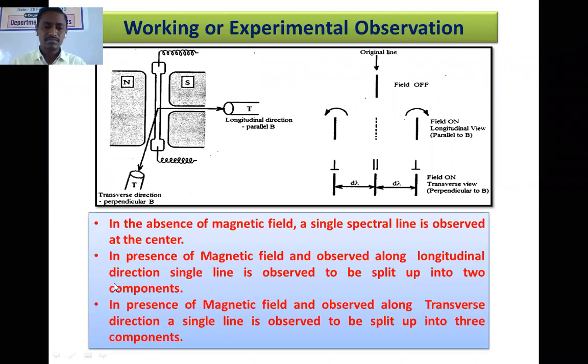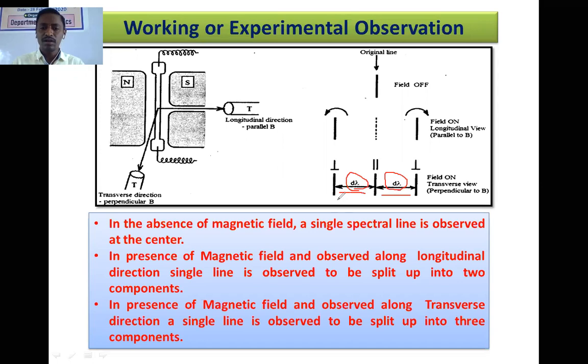Now we can see that when the lines are split up into two or three components, the outer components are spaced around the central component with a wavelength difference of d lambda. Here d lambda is the wavelength difference between the outer component and the central component.